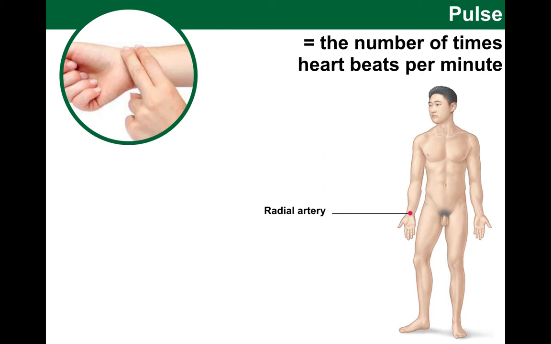The locations where these are taken are usually places where the arteries run closest to the surface of the body, so are easily accessible for us to record these from. So the most common place to take pulse is from the wrist. This radial pulse is used perhaps most routinely, but it is by no means the only place where you can get a pulse from. Let's see some others.